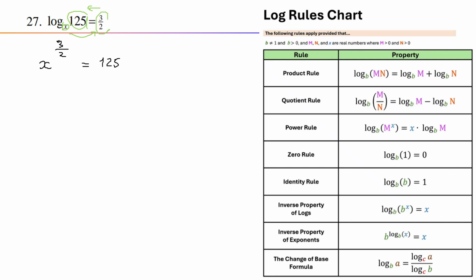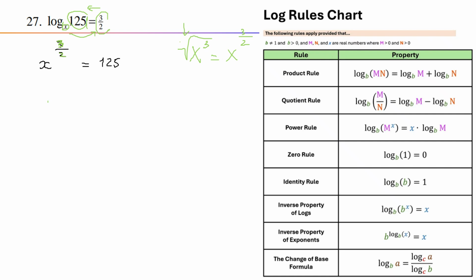Now remember that if we have something like x to the power of 3 over root 2, you know that you can rewrite it because this is the square root, so the index is 2. Okay, so now you see that this is on the right hand side. Now we can rewrite it into the left hand side.